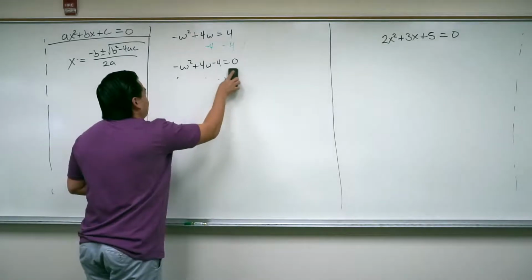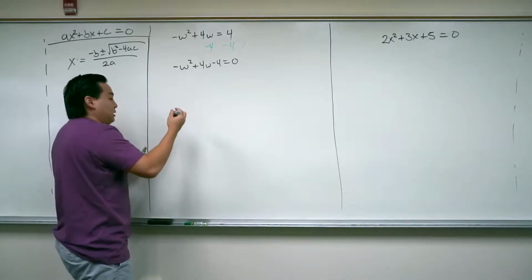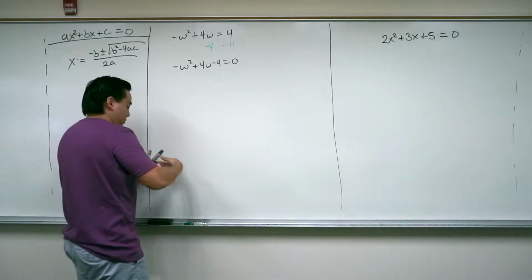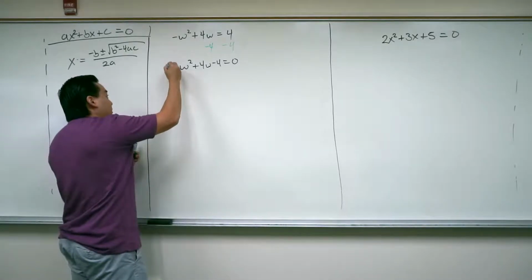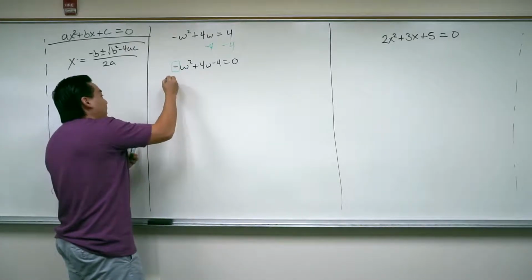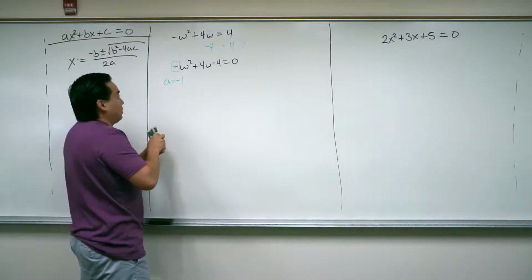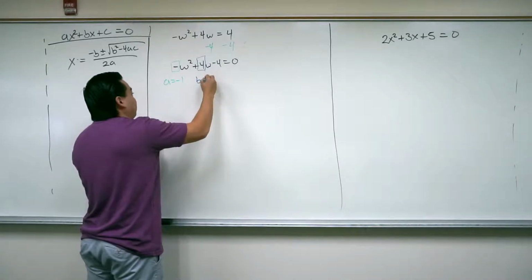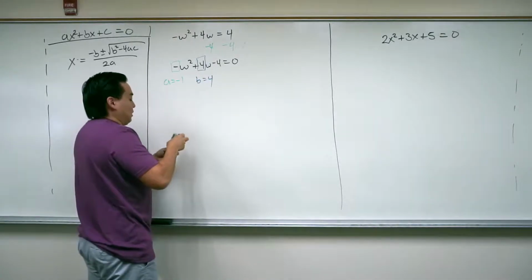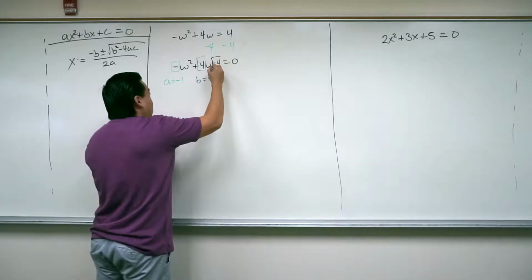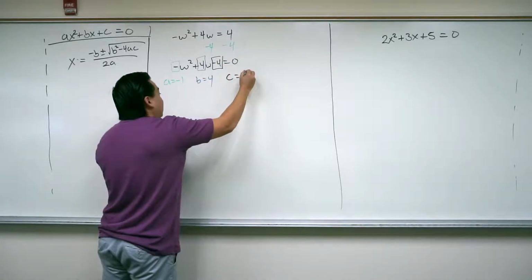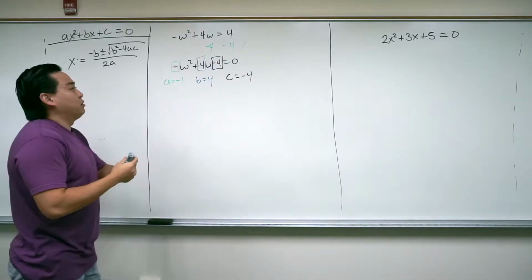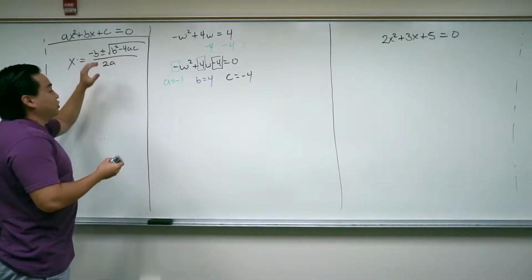So let's look at the top. Here, this first part, this is a. So a equals negative 1. The next one, b is equal to 4. And then lastly, c is equal to negative 4. So take those numbers and plug them into this equation.